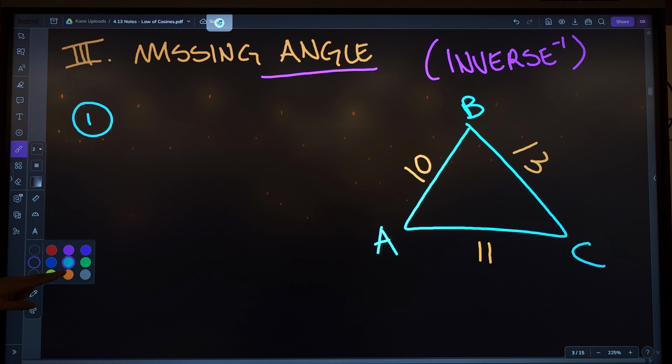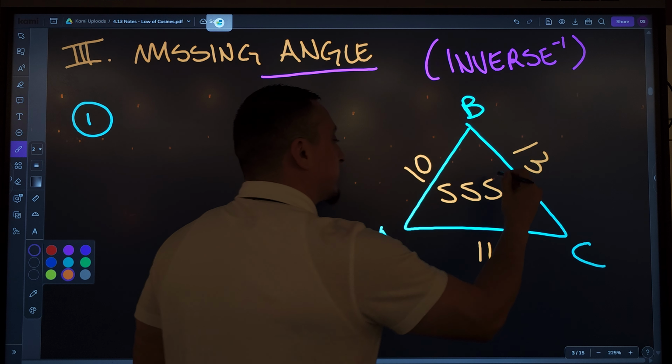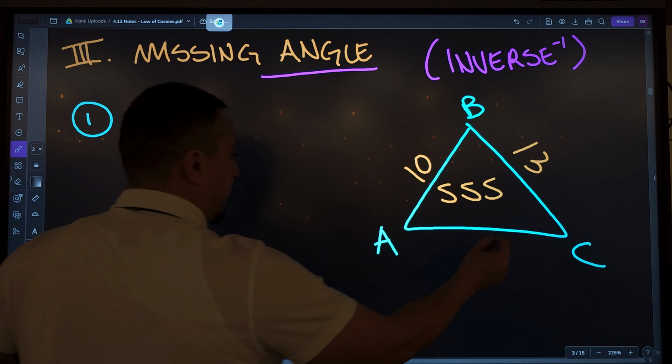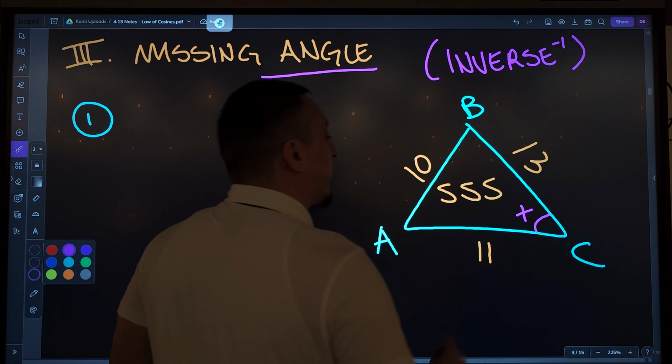Close. Side, side, side. Okay, this one's the easiest out of all of them because they're all sides. Side, side, side is law of cosines. I didn't tell you what they wanted. They want angle C.